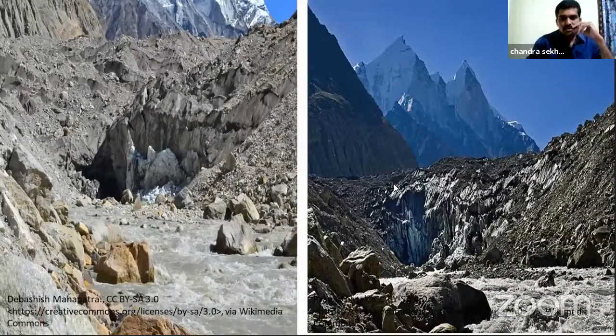Here, children, observe the pictures. These are the birthplaces of the two sources. One is the Gangotri glacier, the source of the Bhagirathi, and the other is the Satopanth glacier. From these two sources, the small streams Bhagirathi and Alakananda start.